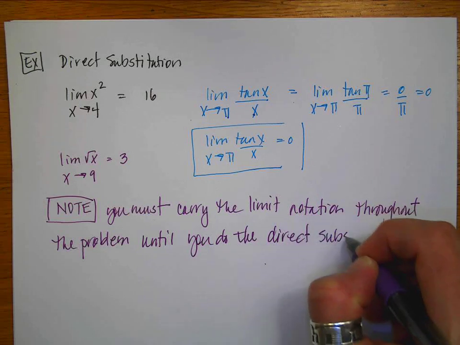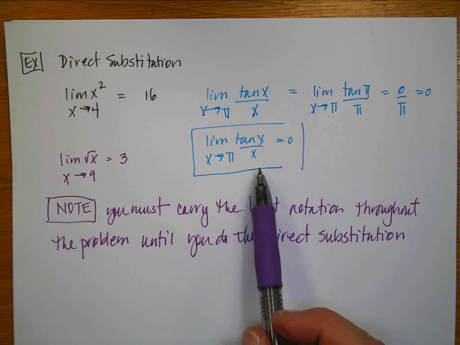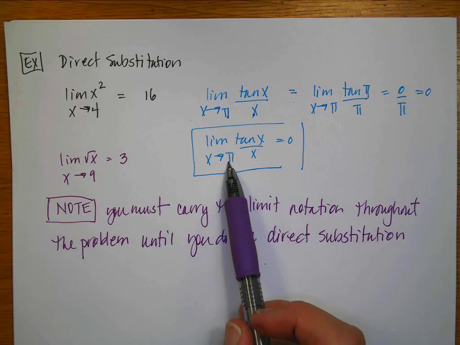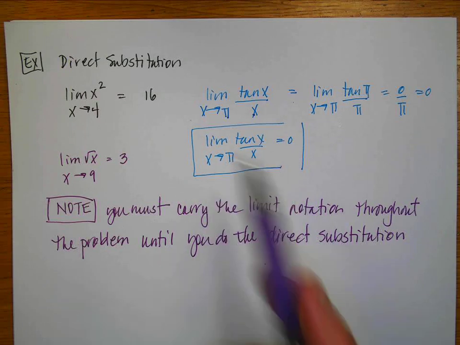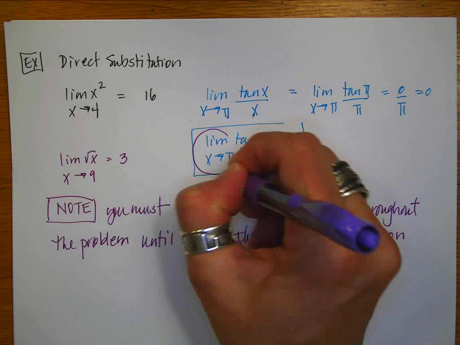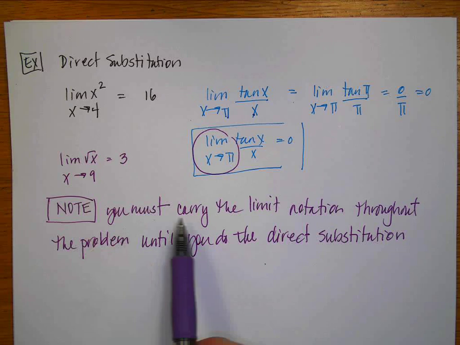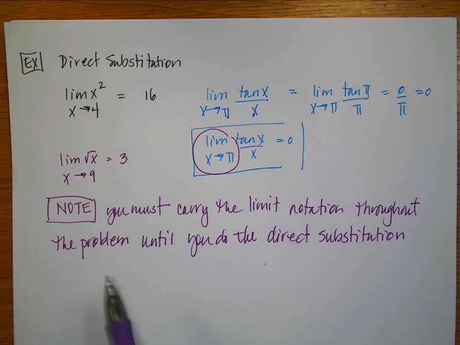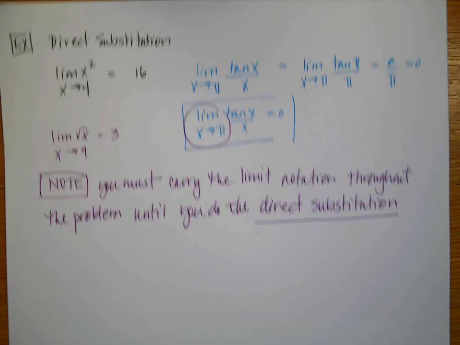So it's not as relevant today. It will be as we move along through the chapter, but until I can substitute a value directly into the equation to get an answer, I have to carry the limit notation. And by the limit notation, I'm talking about this portion. You have to carry that through until you actually get a numeric value, or until you get an equation or whatever. But you have to carry that notation throughout the problem until you can actually do your direct substitution.